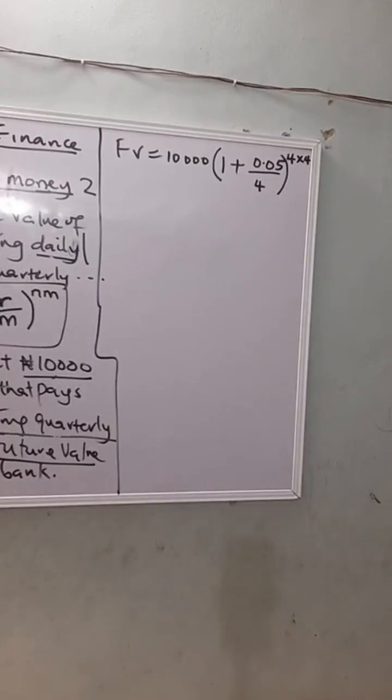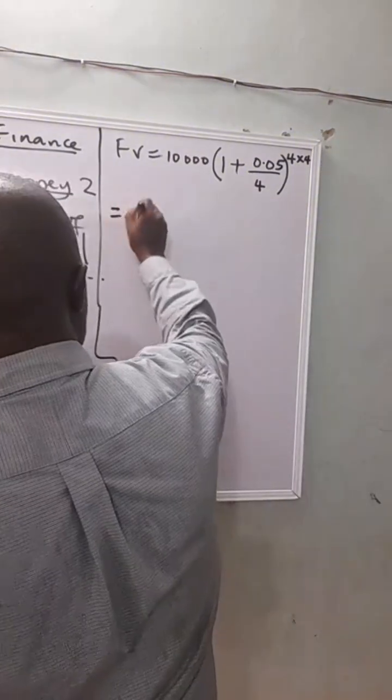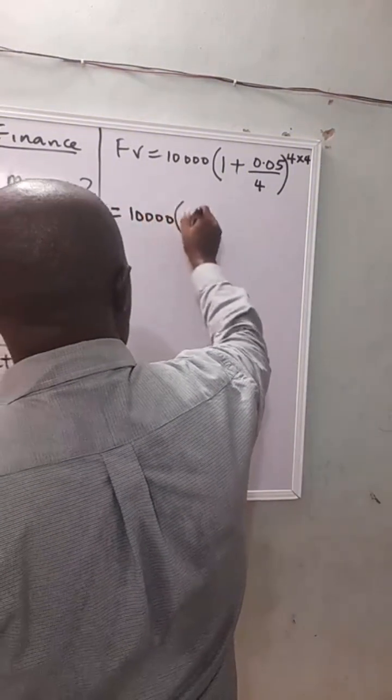1 plus 0.05 divided by 4. Here will now be 10,000 into 1 plus.